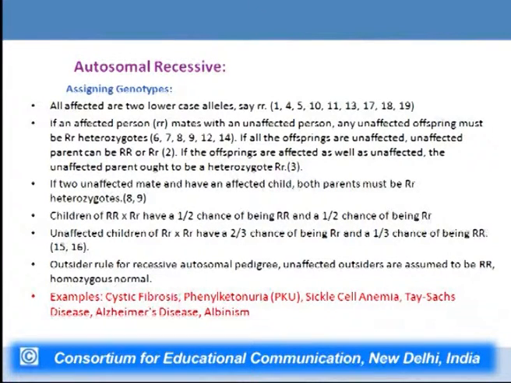Children of capital R capital R and capital R small r have a 1/2 chance of being capital R capital R and a 1/2 chance of being capital R small r. Unaffected children of capital R small r crossed with capital R small r have a 2/3 chance of being heterozygous, that is capital R small r, and a 1 out of 3 chance of being capital R capital R. The outsider rule for recessive autosomal inheritance is that unaffected outsiders are assumed to be capital R capital R, that is, homozygous normal.